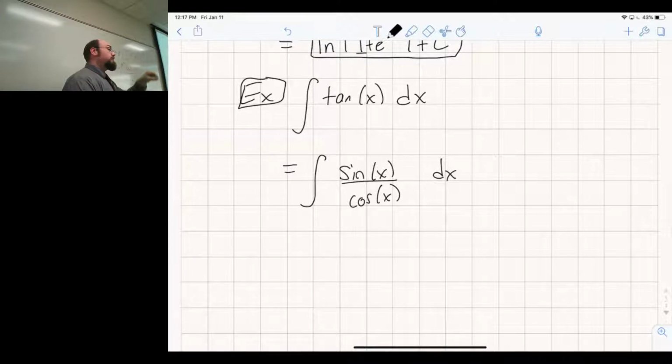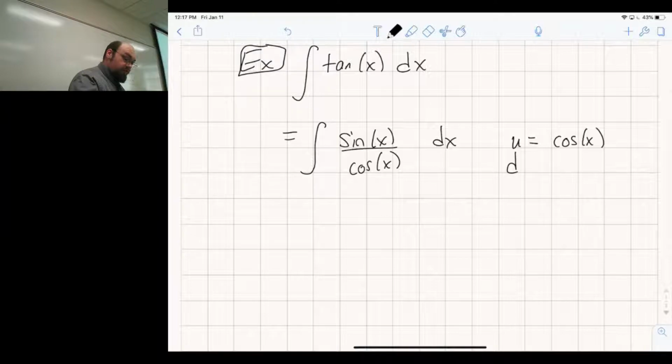But if I take the derivative of cosine, I get negative sine, and I would have negative sine and maybe a dx. So let's do that. Let u be cosine of x. Then du is going to be negative sine of x dx.